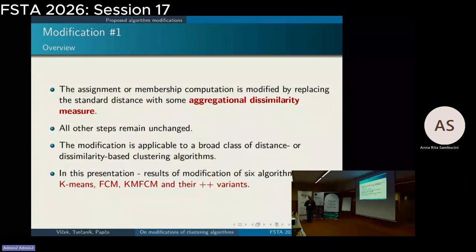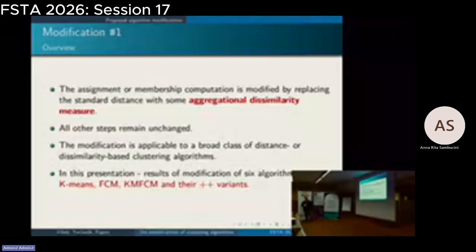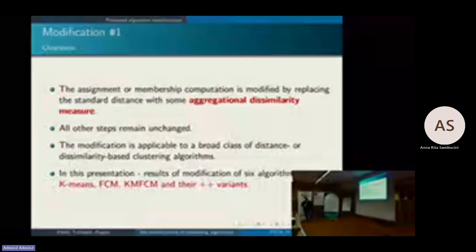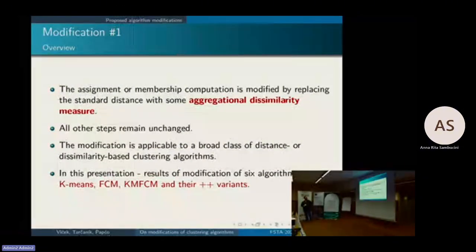Our modification, the principle is that we modify the standard distance with this aggregational dissimilarity, but only in assignment or membership computation. All other steps are unchanged. We use it for these 6 algorithms, but it can be used for a broad class of distance or dissimilarity-based clustering algorithms.